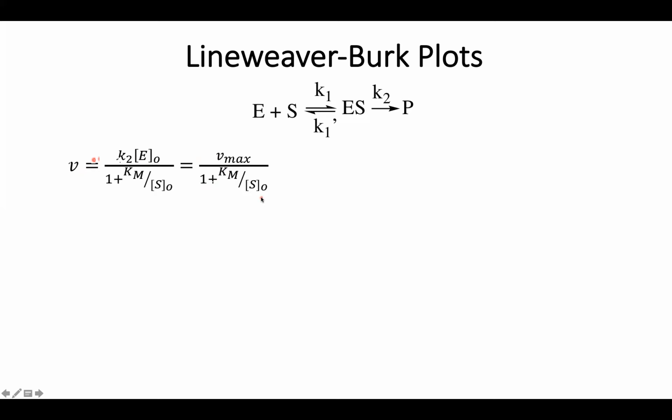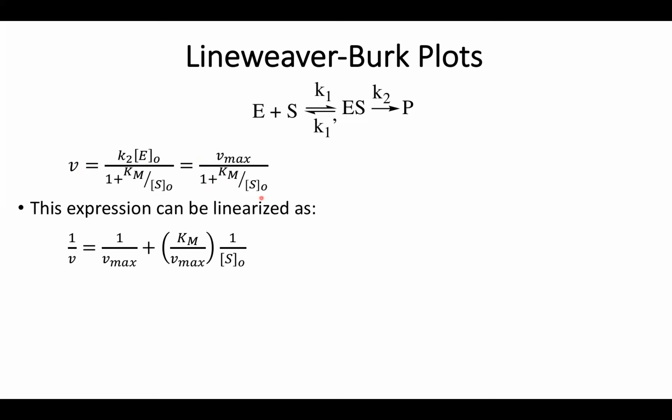So because we love to make these systems rather simple to graph and extrapolate, we can essentially linearize this equation as 1 over V is equal to 1 over V max plus the Michaelis constant over V max times 1 over the substrate concentration.